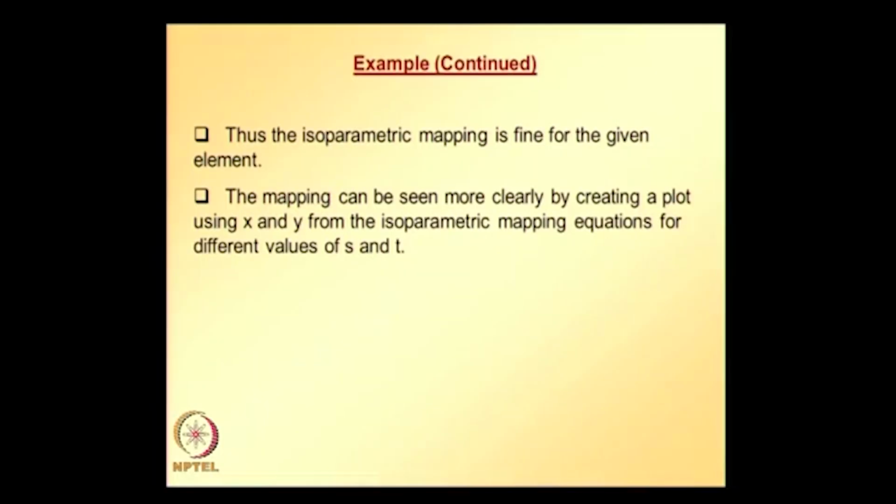The mapping can be seen more clearly by creating a plot using x, y from isoparametric mapping equations for different values of S and T. So, we have x in terms of S and T, y in terms of S and T. We can plot this over the parent element domain, S going from minus 1 to 1, T going from minus 1 to 1, using some plotting software with a little bit of programming.